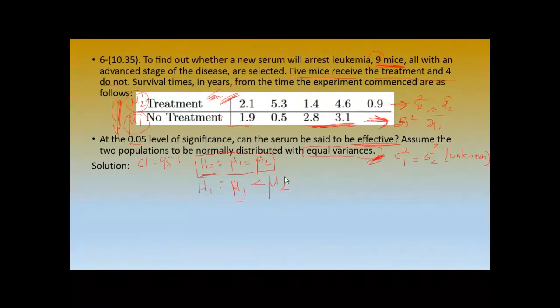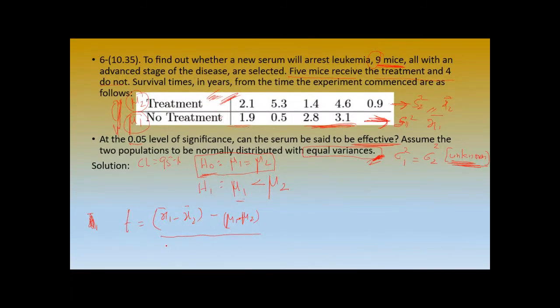Everything will change accordingly. Okay, now what is the right formula for this problem? This is sample 1, which gives you x1 bar. First, let me write the formula. We use a t-test as there is no knowledge about the variance. The variance is unknown, so we should use a t-test, and they are equal, so a pooled t-test. T is equal to x1 bar minus x2 bar, minus mu1 minus mu2, which you call the difference. The difference is 0.